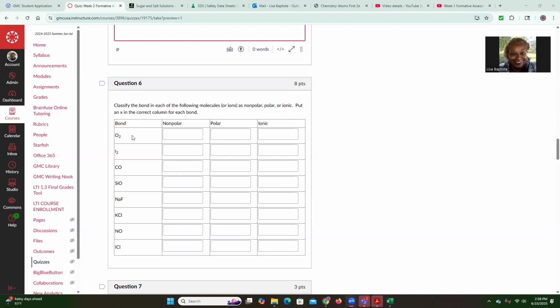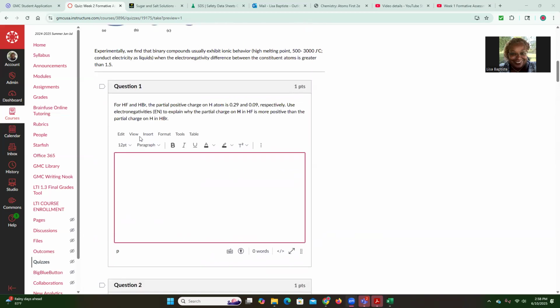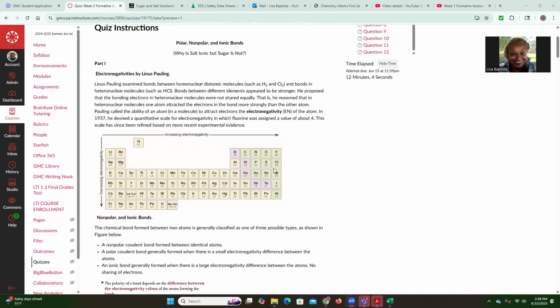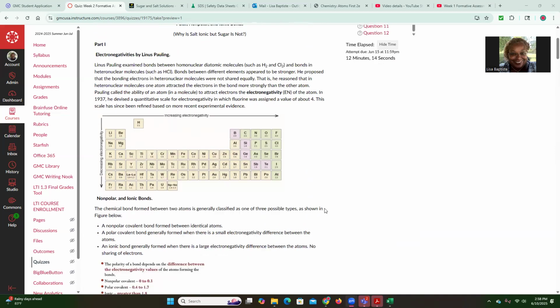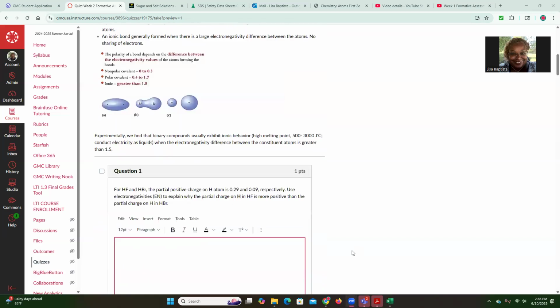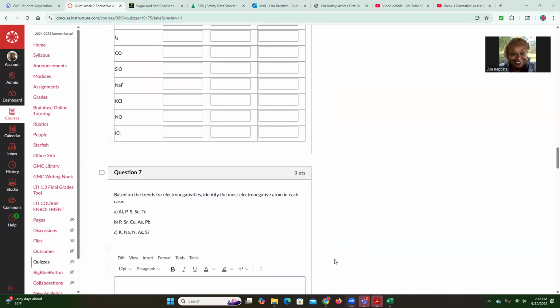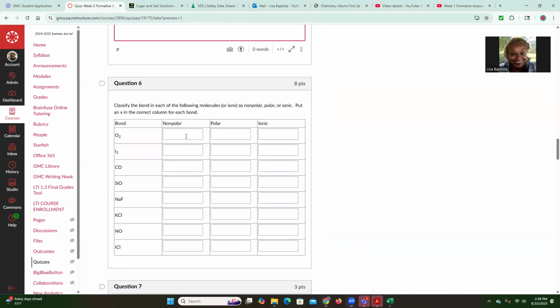For O2, you want to look at your values for oxygen. Oxygen is 3.5, and there are two oxygens in that bond. So you take 3.5 minus 3.5 and you get 0. If we get 0, then we know it's nonpolar covalent. Once you've done that calculation and figured out it's nonpolar covalent, you put an X in the box.